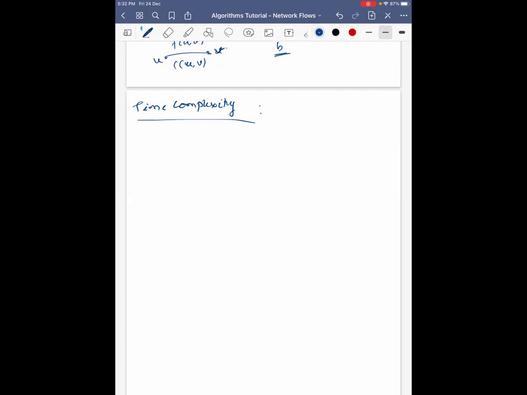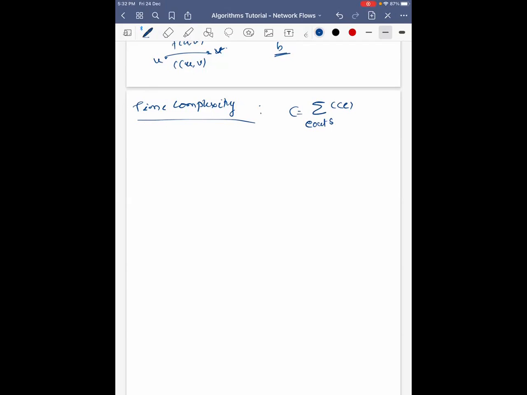That means the value of your flow increases by at least 1 at the end of every iteration. And the value of the flow cannot be more than the summation of capacities, C.